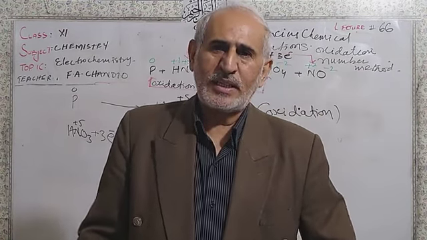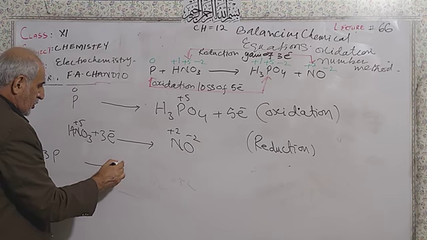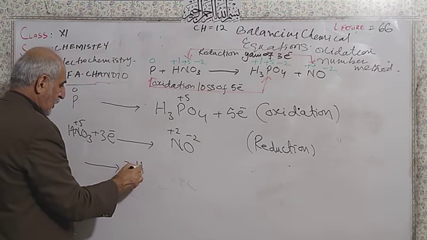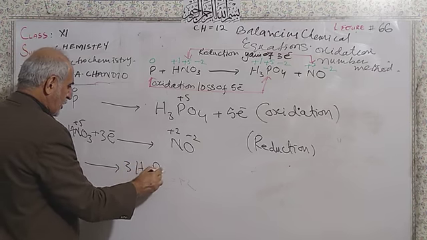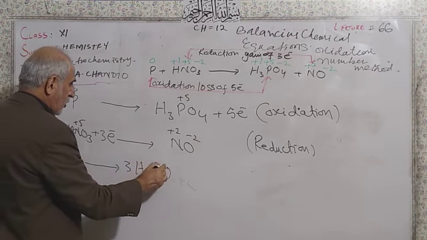So students, multiply this equation by 3. So I am writing again 3 phosphorus. Now no need for oxidation number, don't put oxidation number. 3 phosphorus changes into 3 phosphoric acid, orthophosphoric acid. No need to give oxidation number. 15 electrons are going to be oxidized.